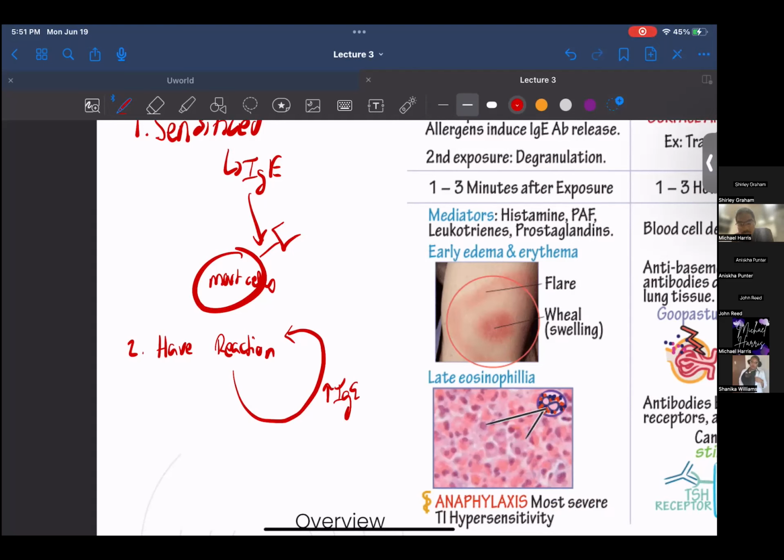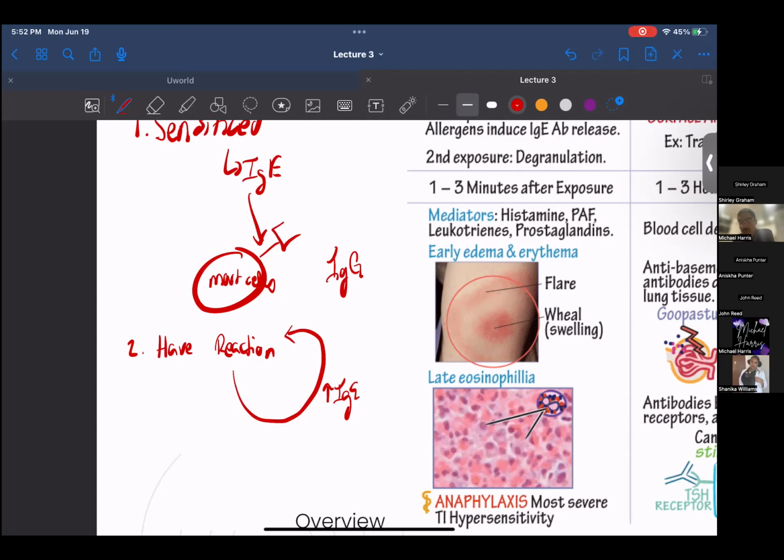As you are continuously exposed to it at very low levels, we're not talking about big, huge doses here, the other antibody you continuously produce is IgG.